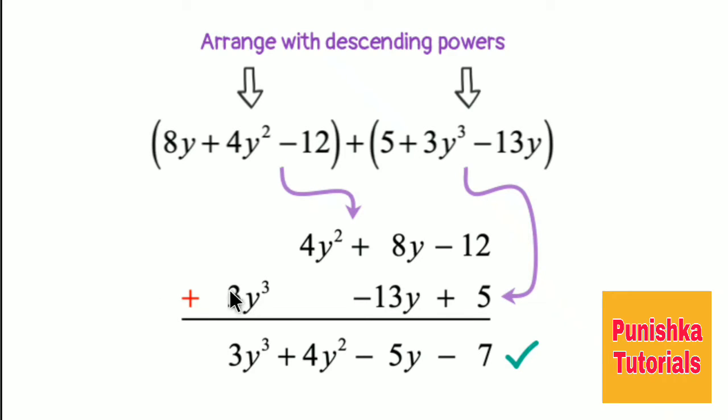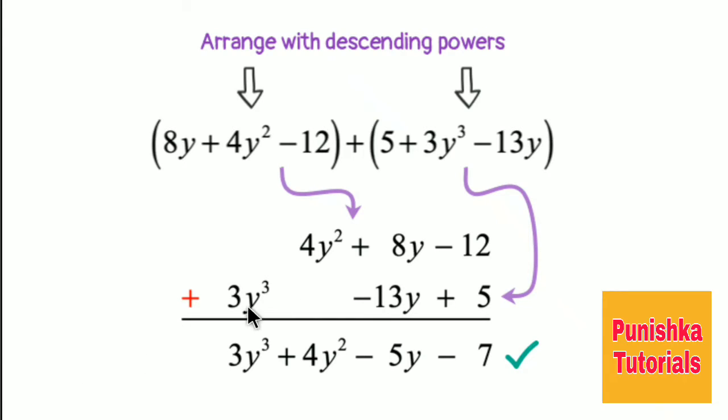In the second polynomial we have a term with y raised to the power 3. In the first polynomial we do not have the term with y raised to the power 3, so we will write it before y raised to the power 2. The space above that term will be kept as blank, or you can also write it as plus 0.